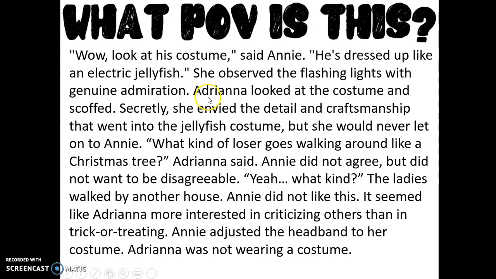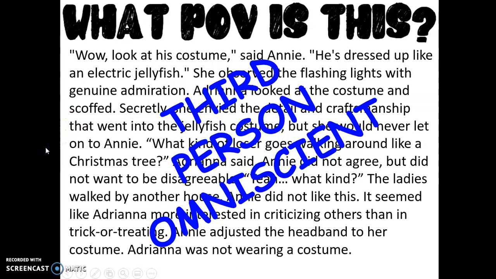Do we know what Adriana's thinking? We do. Secretly, which only we would know, she envied the detail. That's a thought, that's a feeling. So now that we have the thoughts and feelings of two people using the third person pronouns, we know that this is third person omniscient, and that's point of view.